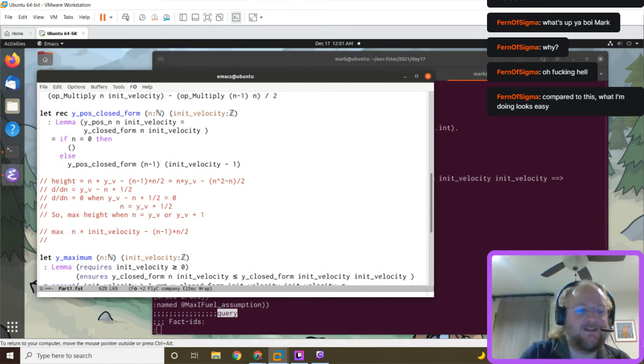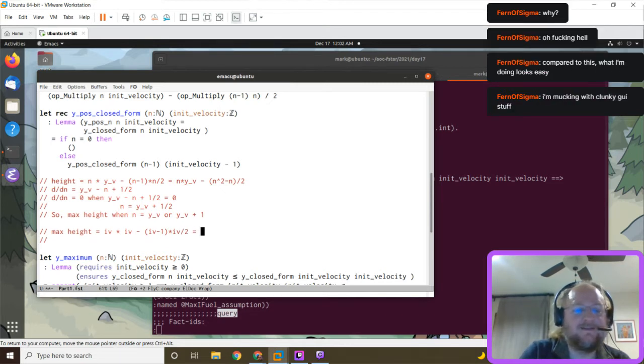All right, so what that says, the max height equals net velocity times, I'm just going to call this IV, minus IV squared divided by 2 plus IV over 2.